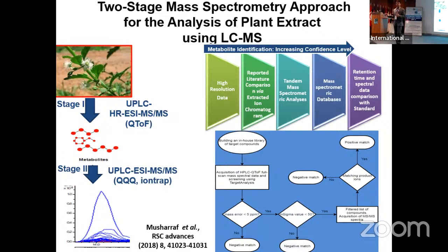The second objective is to quantify. With the stage 2 protocol, you can not only develop a chemical fingerprint, but also use the similar fingerprint for the quantification of the compound you want to quantify, which could be a biomarker or just a marker compound.